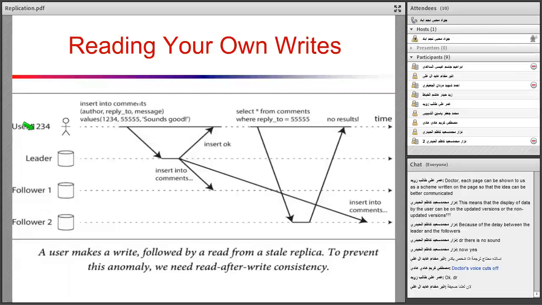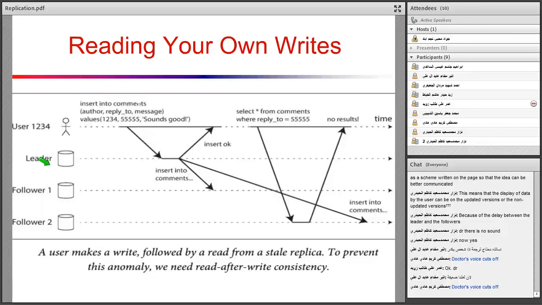This query is sent to the leader because this is the write query.